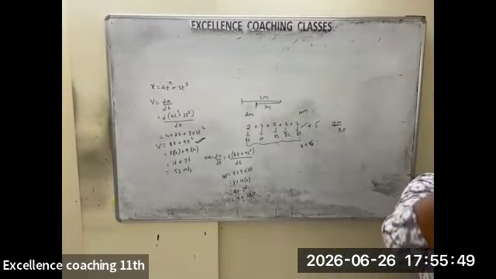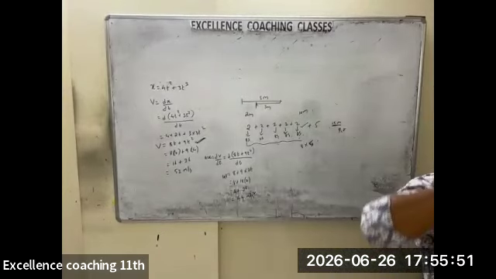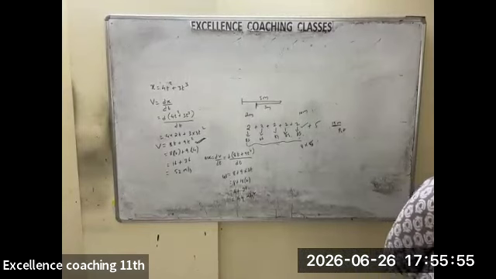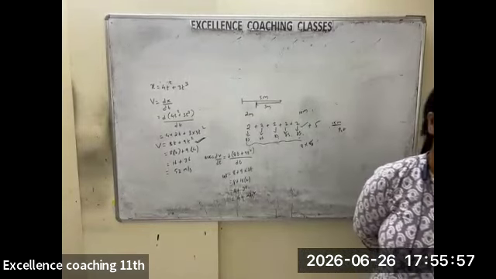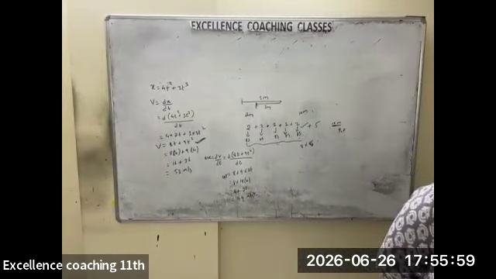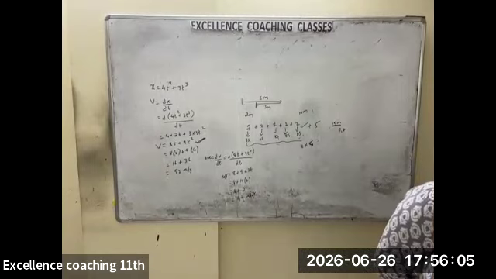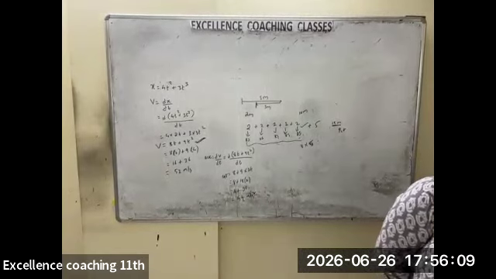48 is again from chapter 2, chapter 3. Solve question number 49. Plot the graph of a particle having uniform motion, then brought to rest. XT graph, huh?